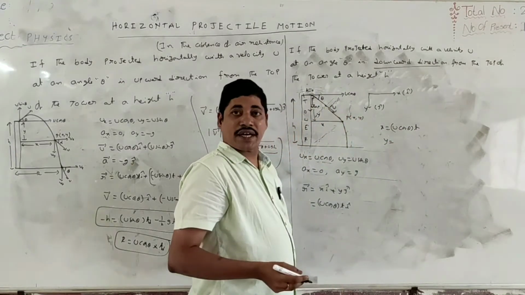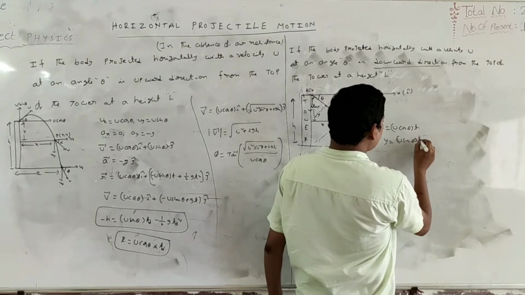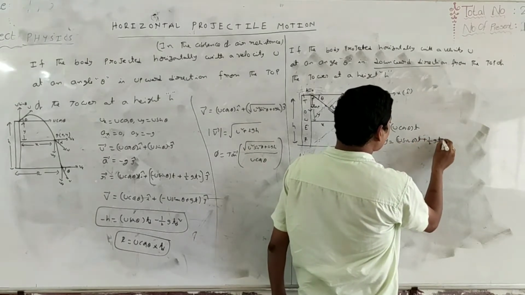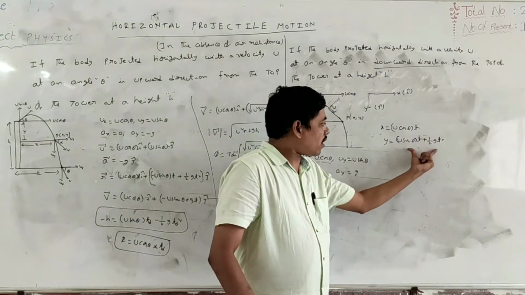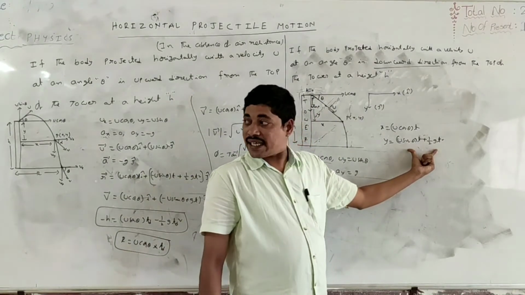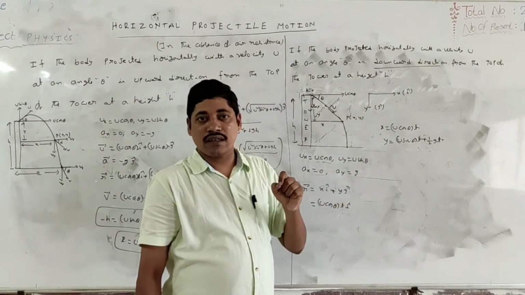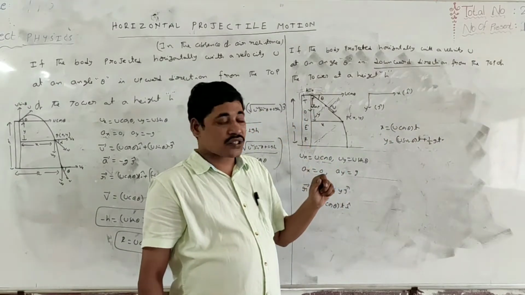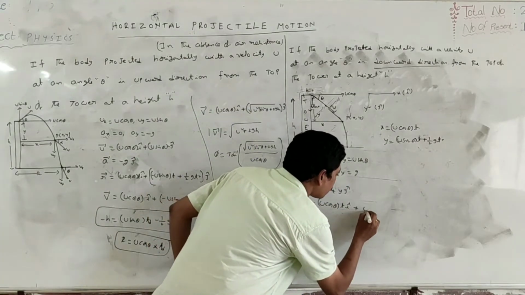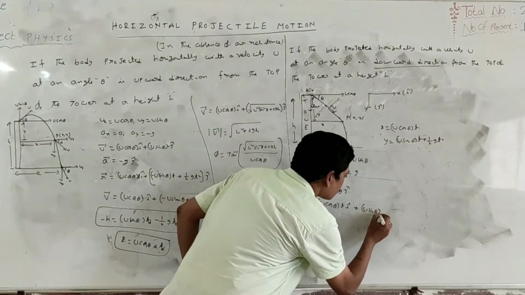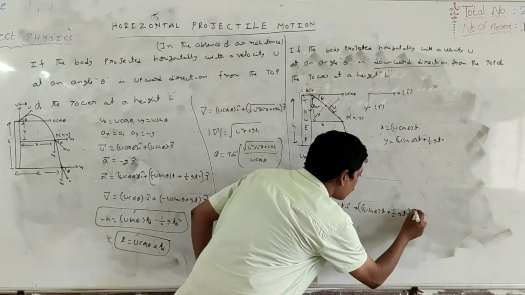And the vertical displacement y is equal to u sin theta into t plus half g t square. This is the vertical displacement at an angle theta in downward direction. The horizontal displacement is x equal to u cos theta into t. But for upward projection it is minus u sin theta into t plus half g t square.